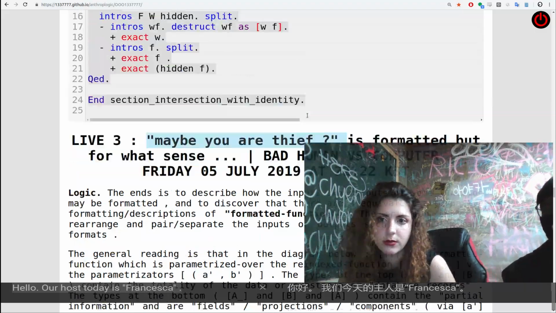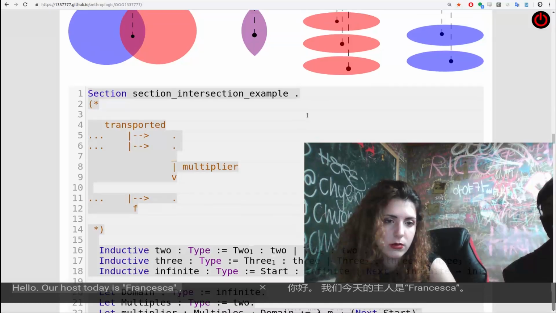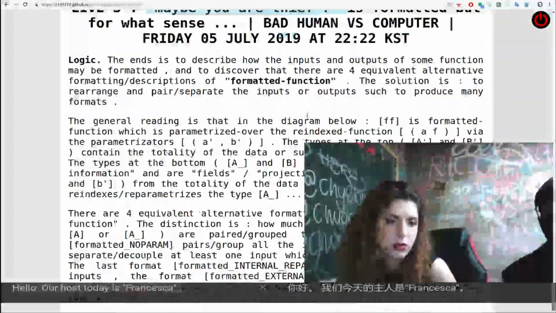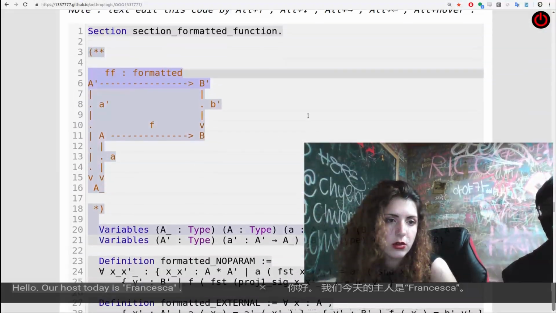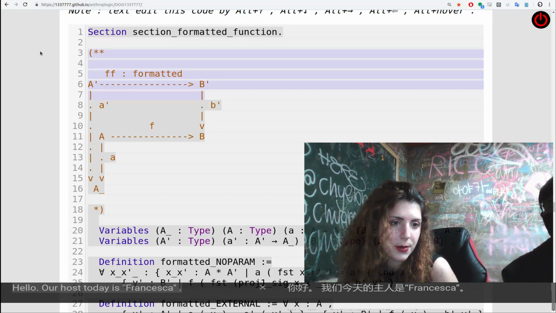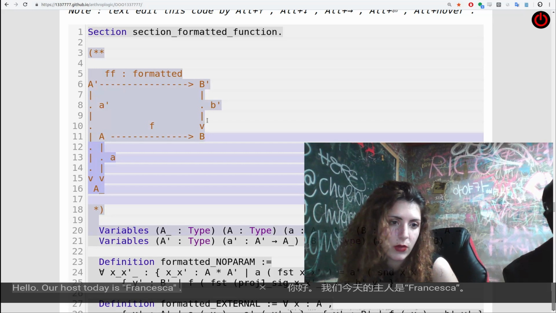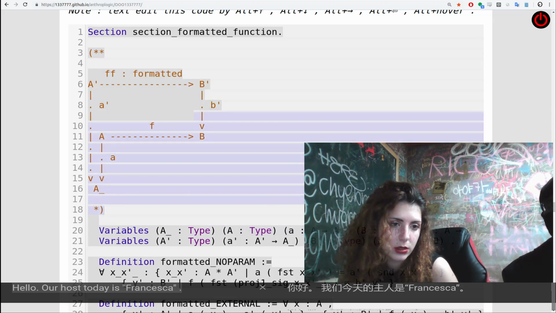So at the top will be the real sense, the totality, and here the formatting, the logical information.